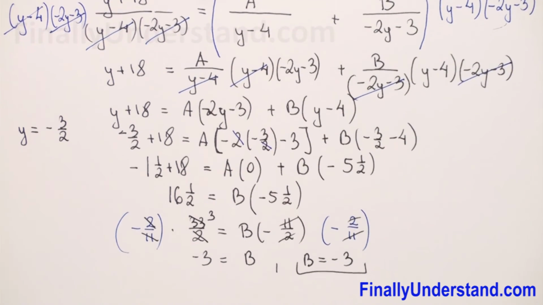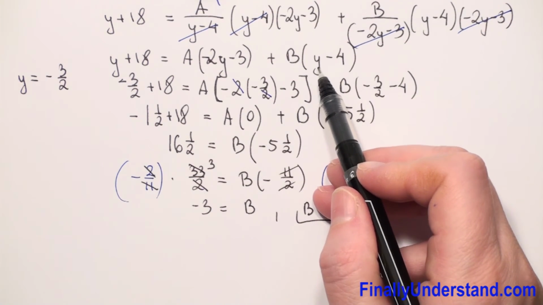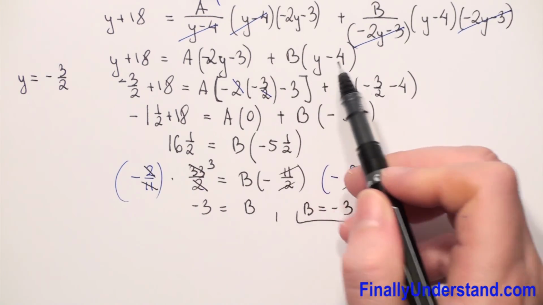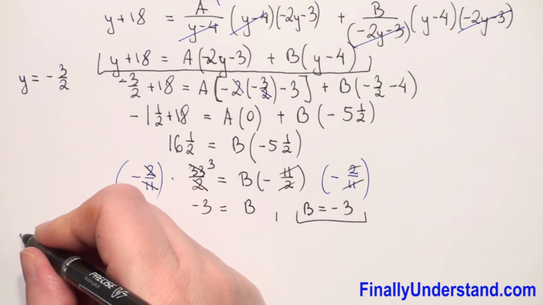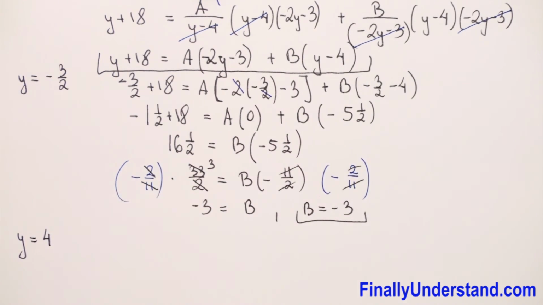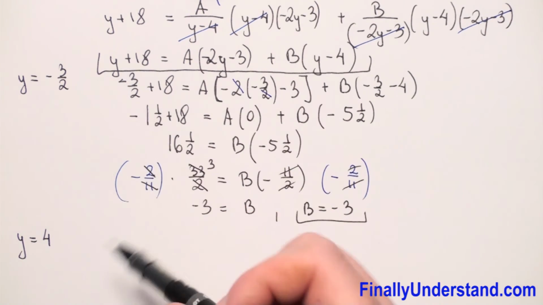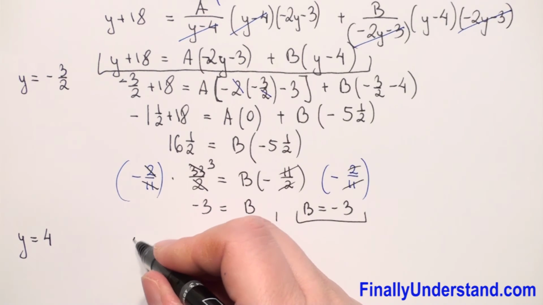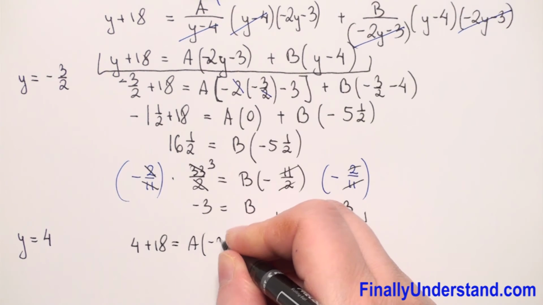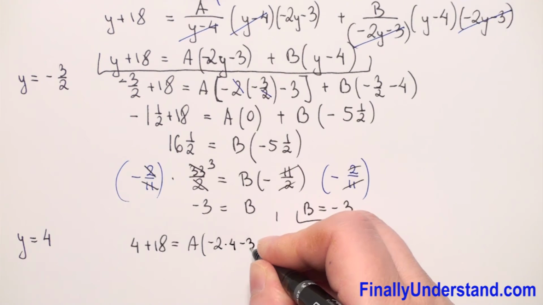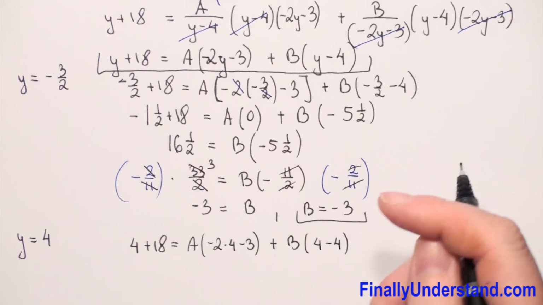And now we have to find a. Like I said, when we substitute y by 4, the second term will reduce. So again we come back to our equation, and now we substitute y by 4. So now every y we have to substitute by 4. So we have 4 plus 18, this is equal to a times negative 2 times 4 minus 3 plus b times 4 minus 4 in parentheses.